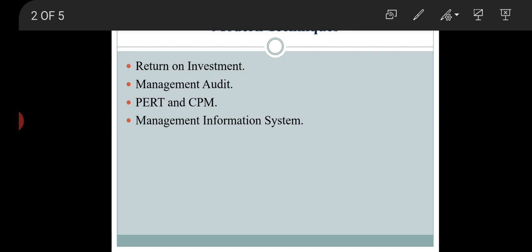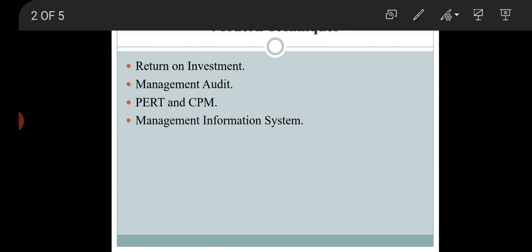So the managerial functions of planning, organizing, directing, controlling and coordinating are all examined under the management audit for measuring the actual outcome of each function.